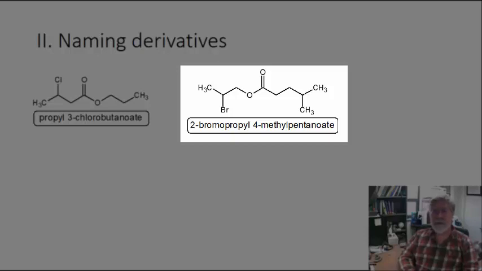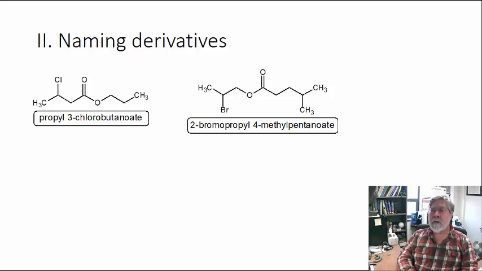And so that makes it pentanoic. The methyl group is attached to carbon number 4, so it's 4-methyl pentanoic acid. Drop IC, add ATE. Now, in this case, there's a bromine attached to the alkyl group, and so that becomes 2-bromopropyl.